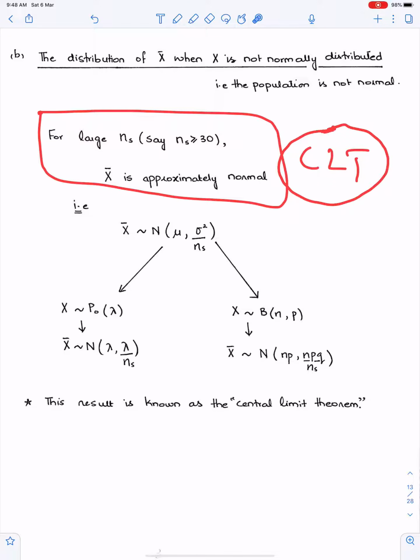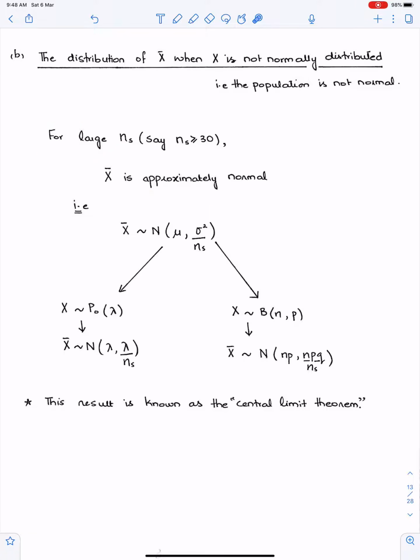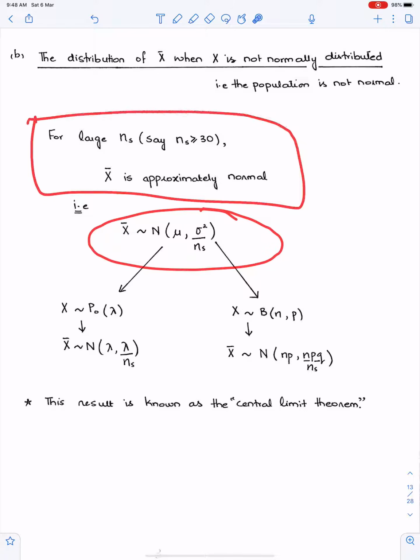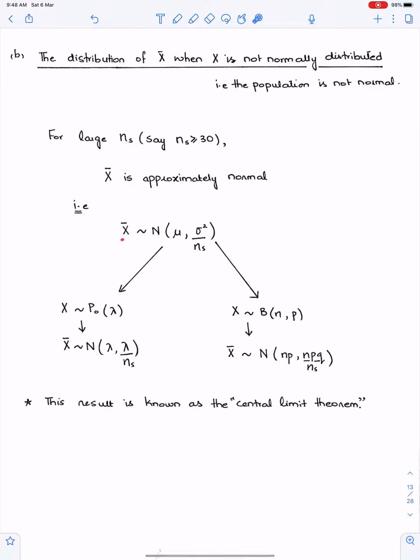The central limit theorem says for large n, x bar is approximately normal. This statement means mathematically you can write x bar is normal with mean mu and variance sigma square over n.